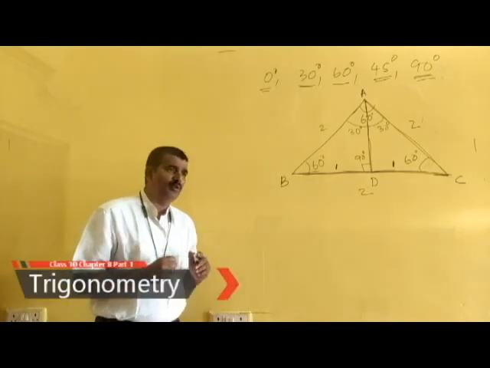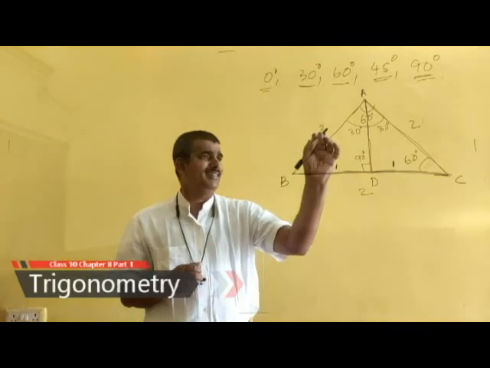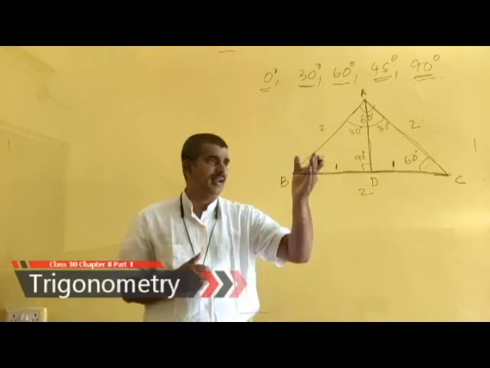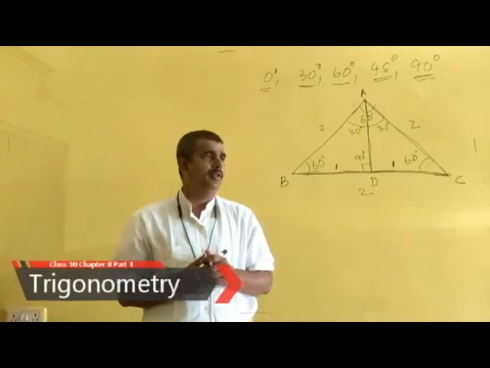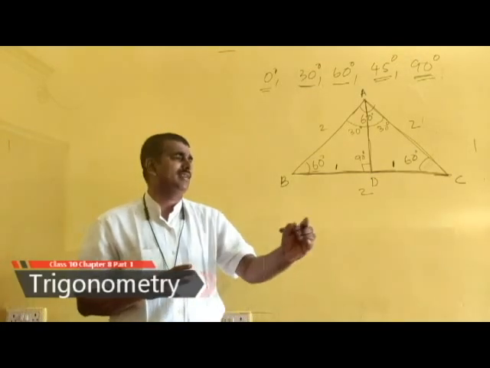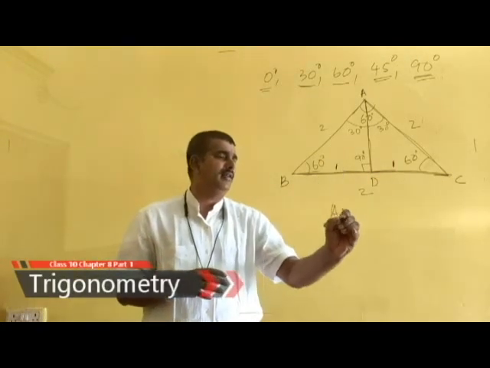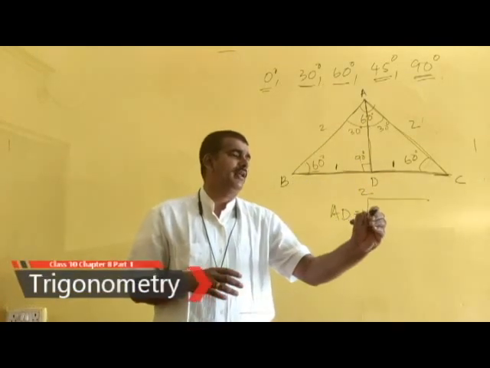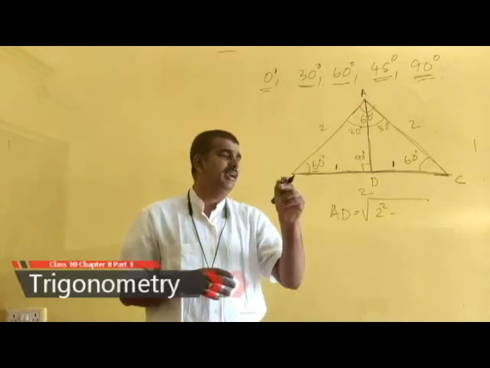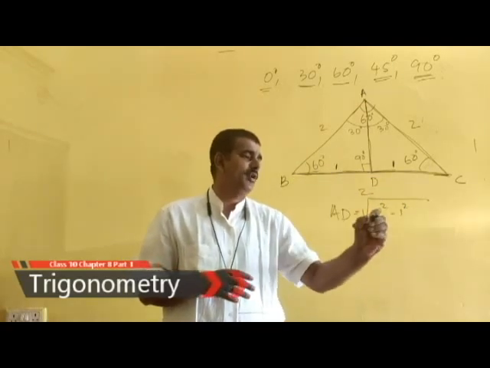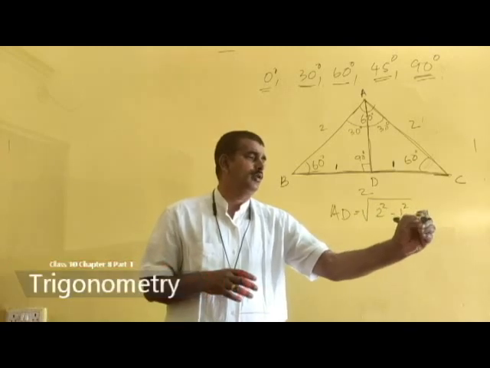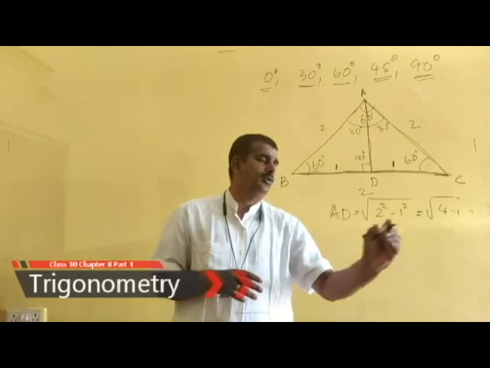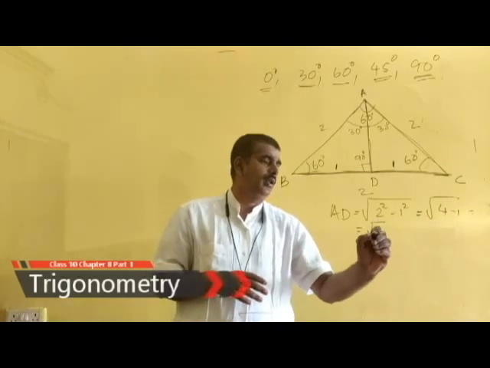So one more thing we have to note down here. If it is 2 and if it is 1, then what will be this AD? It is a right angled triangle, you people know, and with the use of the Pythagoras theorem we can find AD is equal to root of AB square, that is 2 square, minus BD square, that is 1 square. So this is equal to root of 4 minus 1, that is root 3.